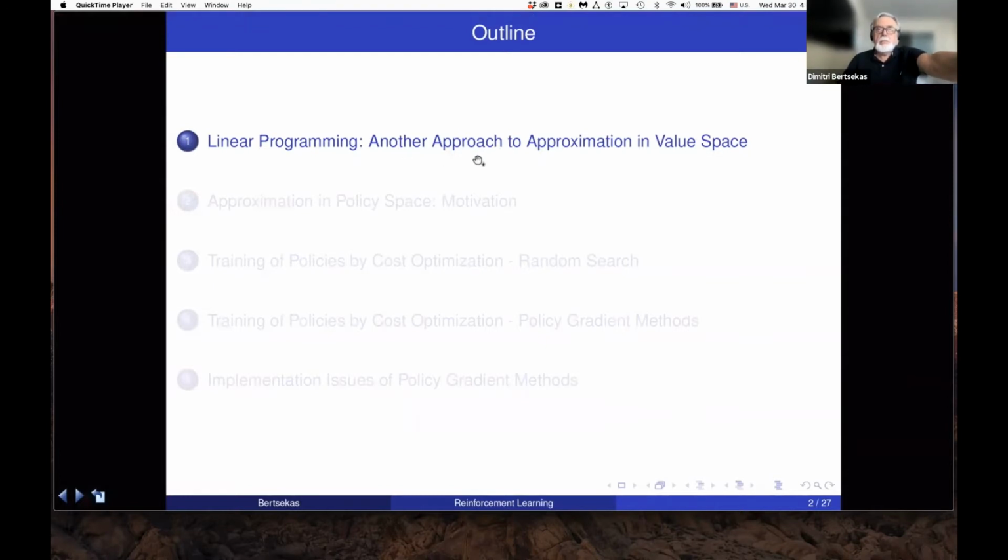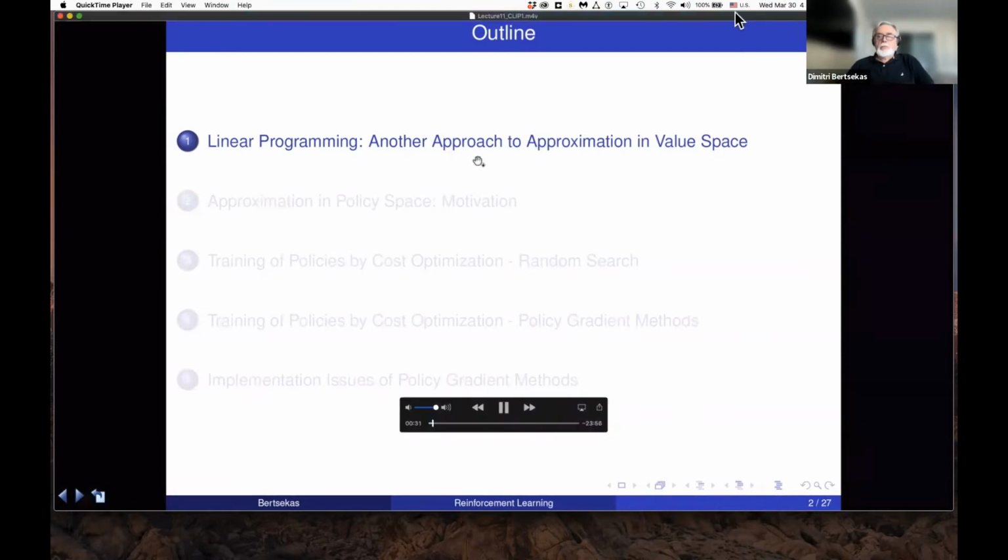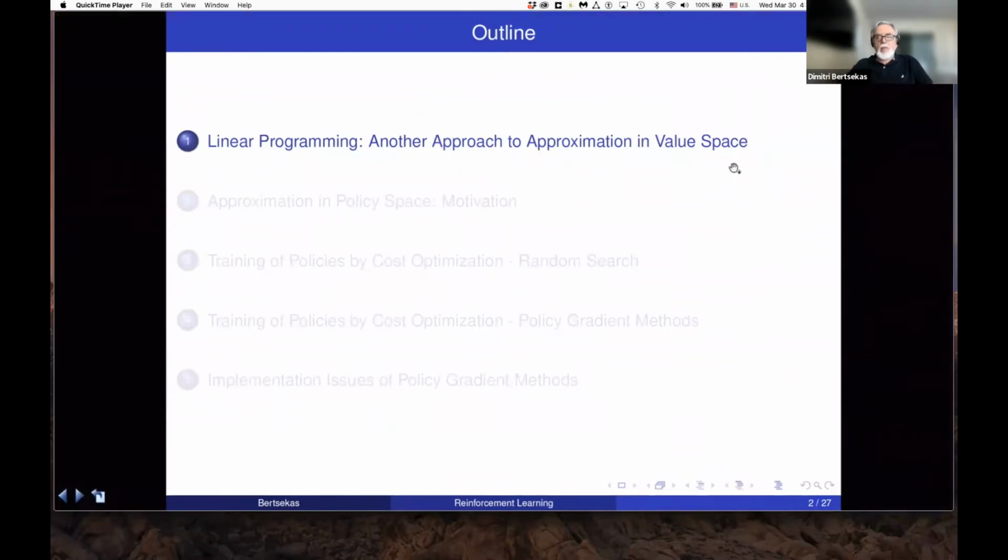It's an alternative to approximation in value space and approximation in policy space, but it has not reached the popularity of these methods. Nonetheless, I think it's interesting, and I'd like to mention it. One of its limitations is that it doesn't go well with neural networks. It requires a linear approximation architecture.